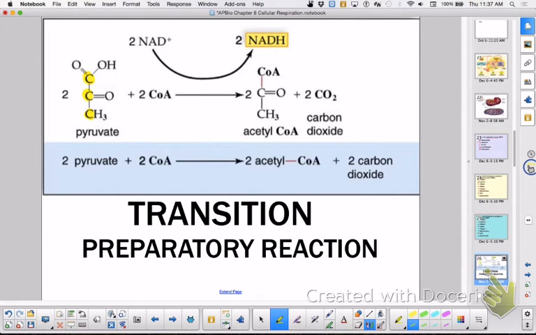So you can see this CoA that's right here is now right here. And here are still our 2 carbons. Where is the 3rd carbon? Where did it go? Right here. 1, 2, 3, right? Here were the 3, here it is. It's now attached on there.